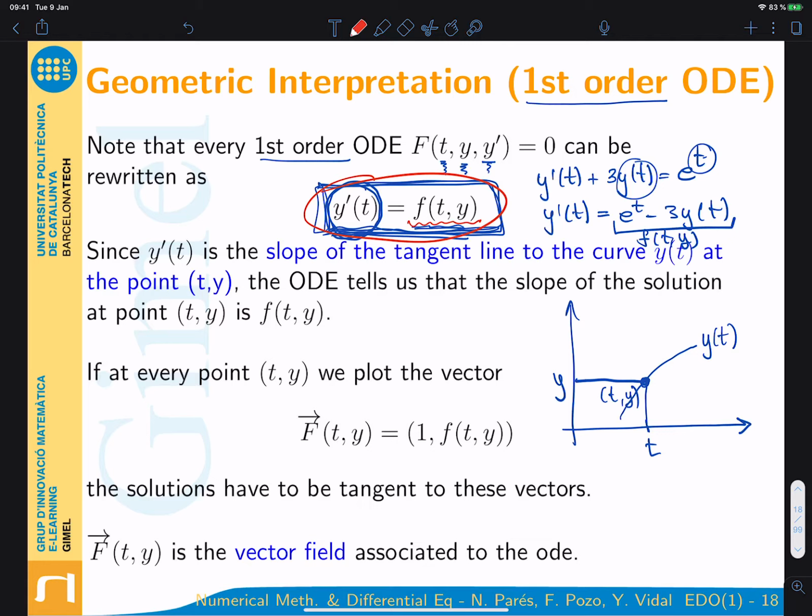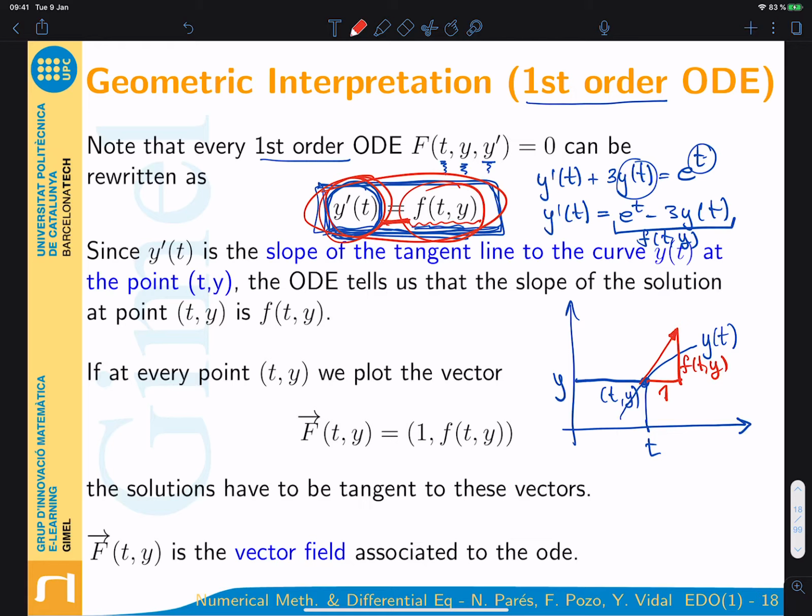So what I'm trying to say here is that at this point, I can compute the tangent line, because y'(t) is the slope of the tangent line, and the slope of the tangent line is equal to f(t, y). So this slope, if this is 1, this slope is f(t, y).